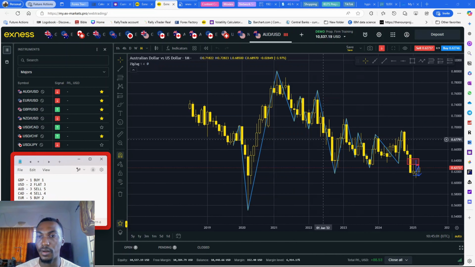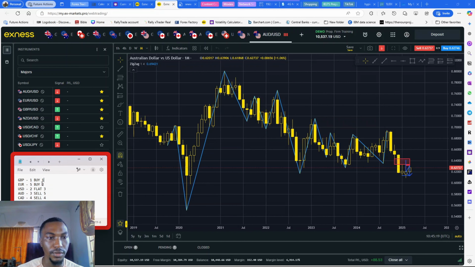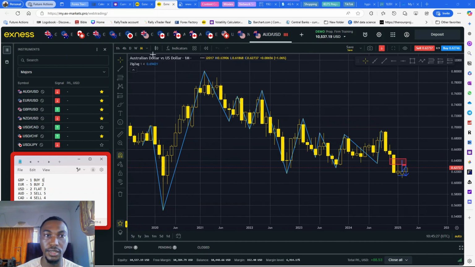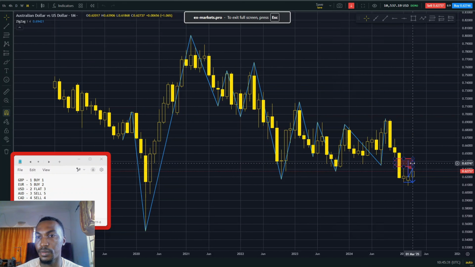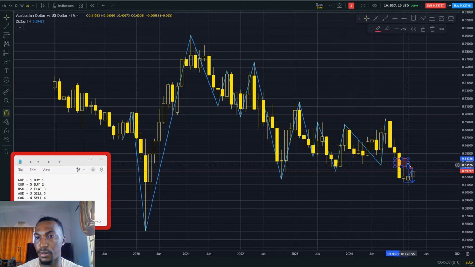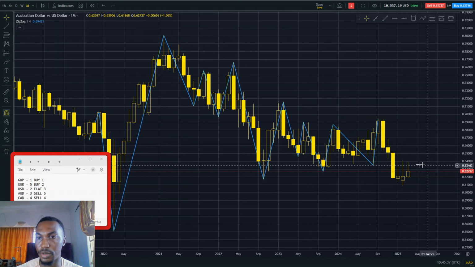All right, so let's see. The Australian dollar is weaker than the US dollar. It means I should be buying the US dollar, meaning I should be shorting this market. Let's take a look at it. Well, there was a reason to short last week right here. I think I should remove all of this analysis. Yeah, there was a reason to short last week here.